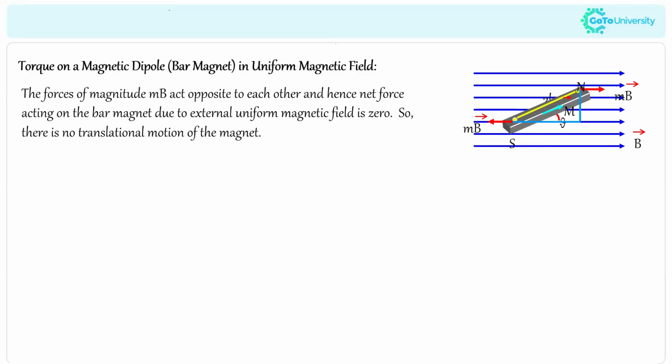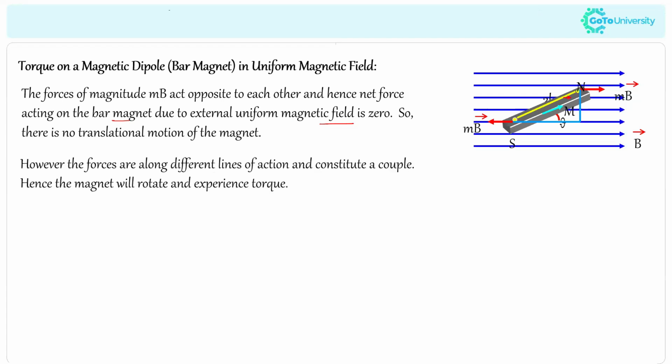The forces are equal in magnitude and act opposite to each other, hence the net force on a bar magnet due to the external uniform magnetic field is zero. So there will be no translational motion of the magnet. And when the forces are along different lines of action and form a couple, the magnet will rotate and experience a torque.